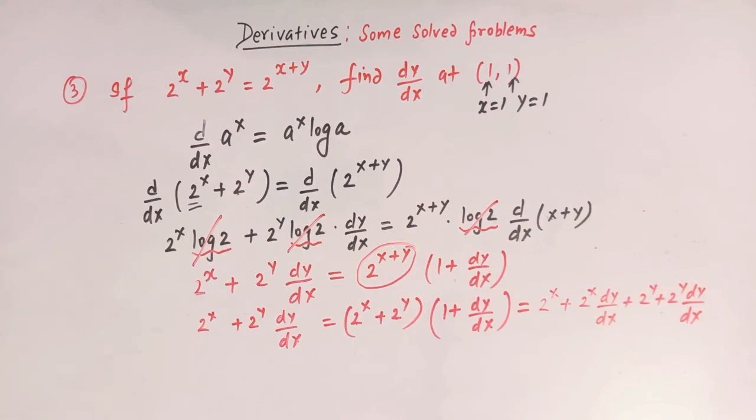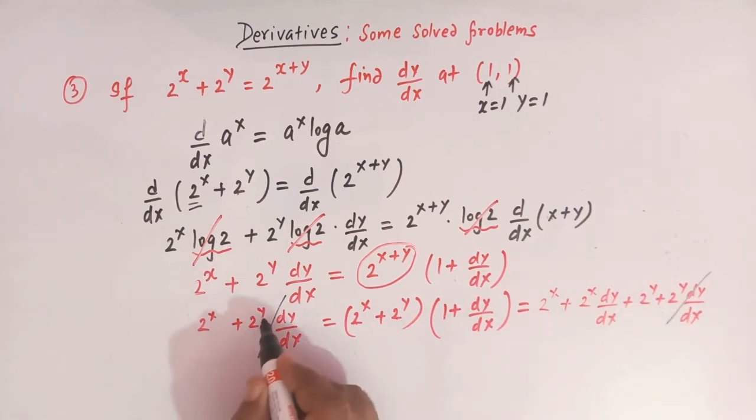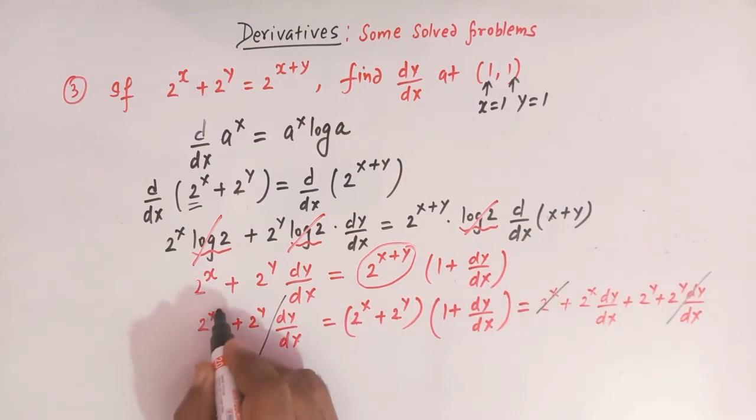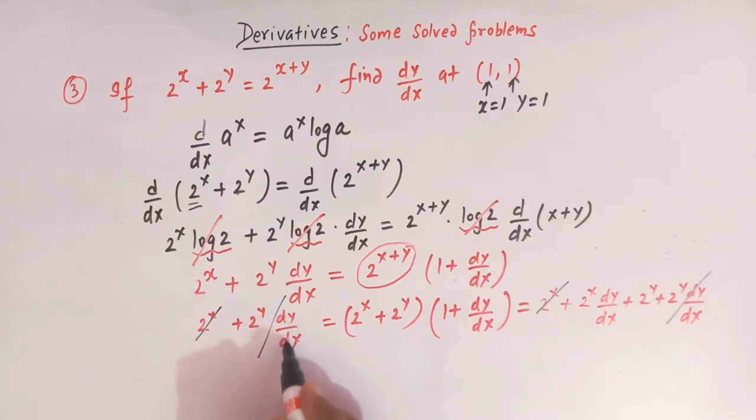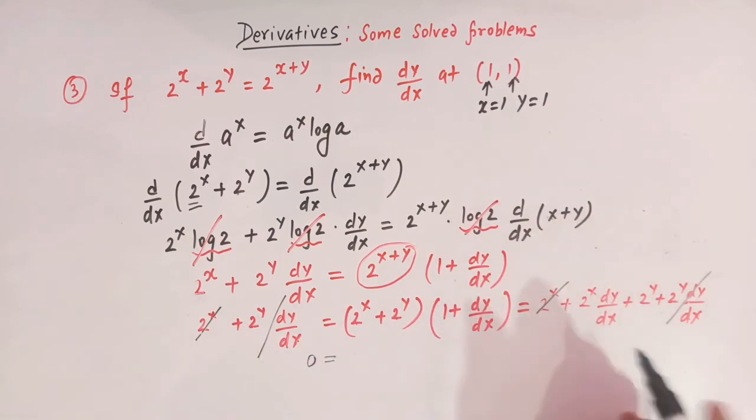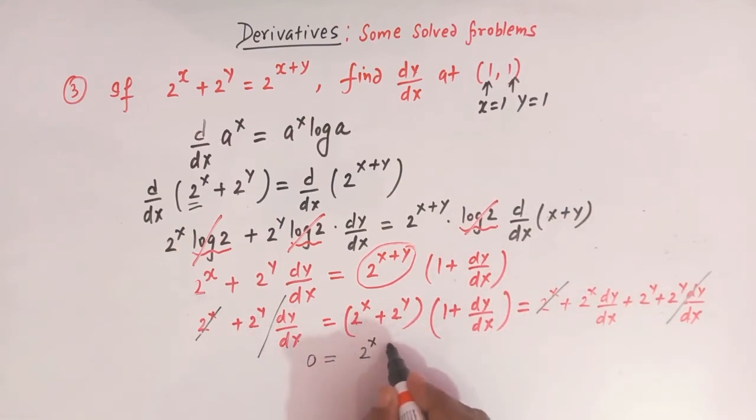Now we have this expression, and if we compare these two expressions, these two terms get cancelled. 2 raised to x also gets cancelled. 2 raised to y dy over dx, 2 raised to y dy over dx, both these terms get cancelled. 2 raised to x, 2 raised to x also gets cancelled. So here we are left with 0, and on the right hand side we have 2 raised to x dy over dx plus 2 raised to y.